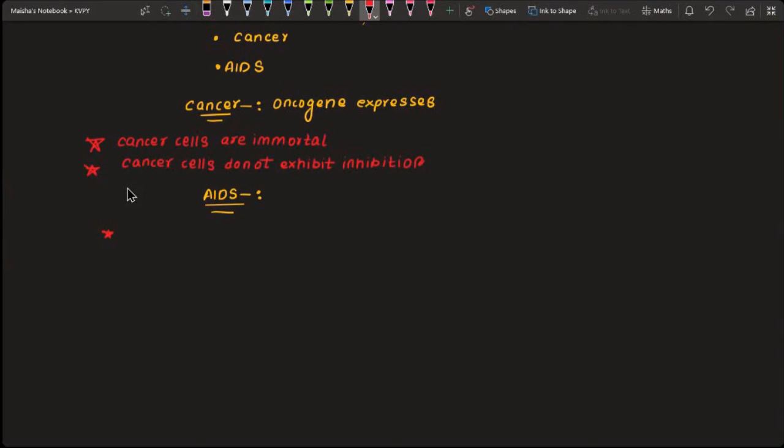Sometimes in some statements they ask: if a person shakes hands or hugs an AIDS-infected person, will that person get infected with HIV or not? The answer is no. AIDS will only spread through sexual contact or when blood is involved. Only when blood is involved will the HIV virus spread from one organism to another.